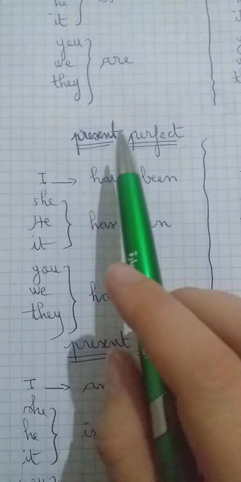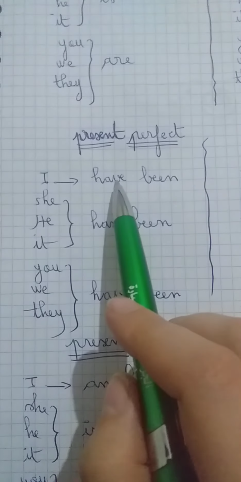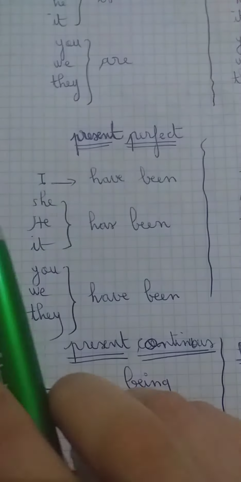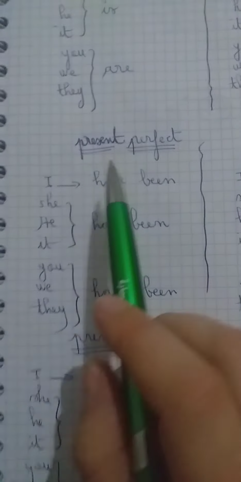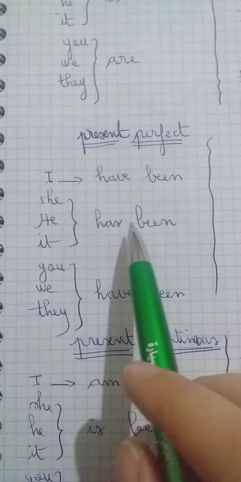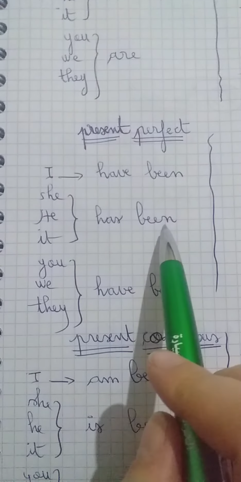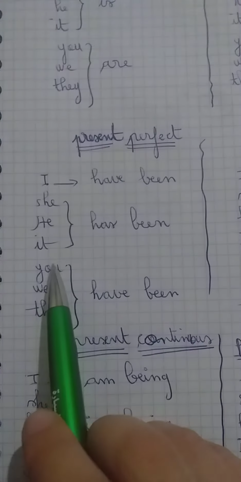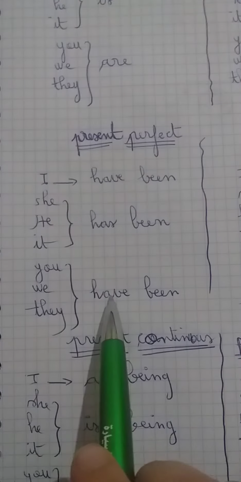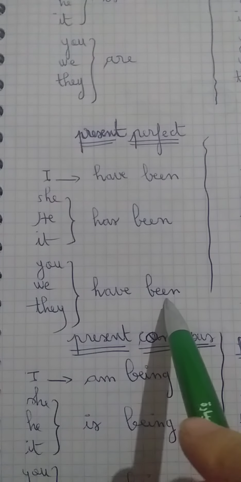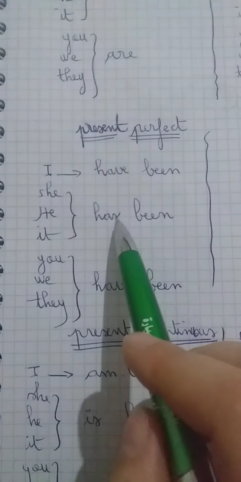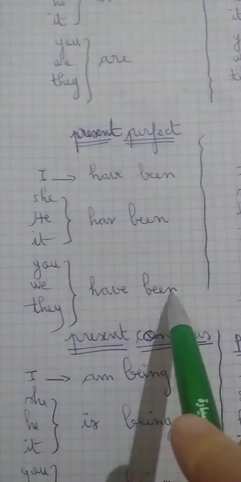So, to have in present simple with I is have, and the past participle of the verb to be is been. She, he, it in present, we say has plus past participle, has been. In plural form, have plus been, have been. I have been, she, he, it has been, you, we, they have been.